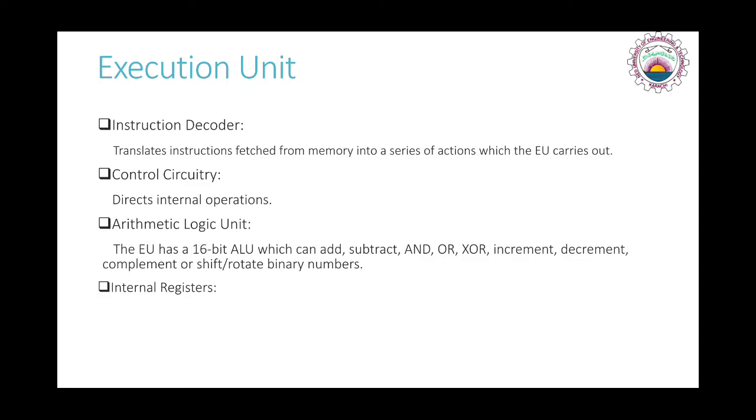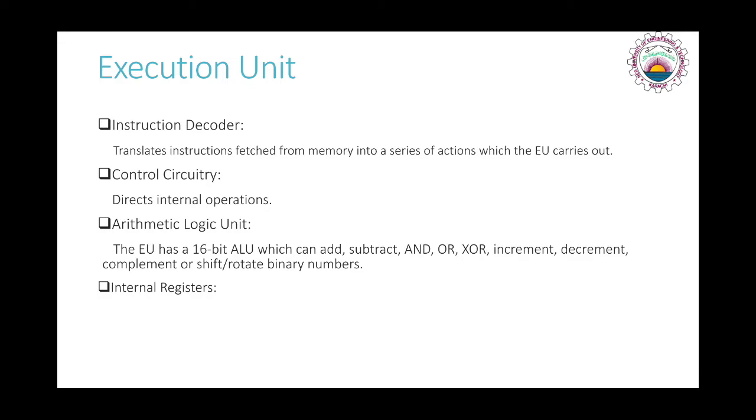The other unit present in execution unit is arithmetic logic unit, ALU. 8086 processors are having 16-bit ALU in its execution units. So ALU is responsible for performing arithmetic and logic operations like add, subtract, and, or, XOR, increment, decrement, complement, and shift and rotate operations.